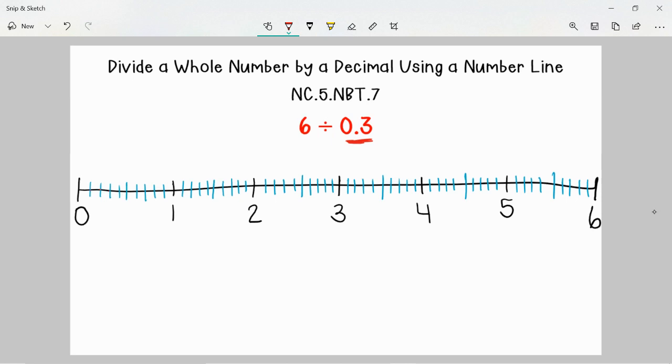So we'll just count out groups of 3/10. 1, 2, 3. There's one group. 1, 2, 3. There's another group.